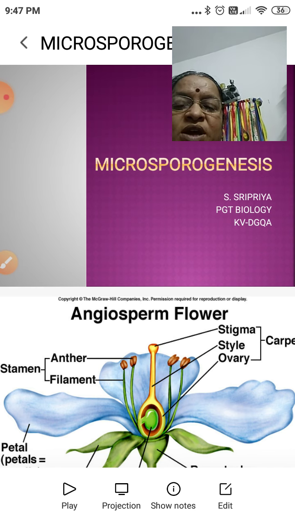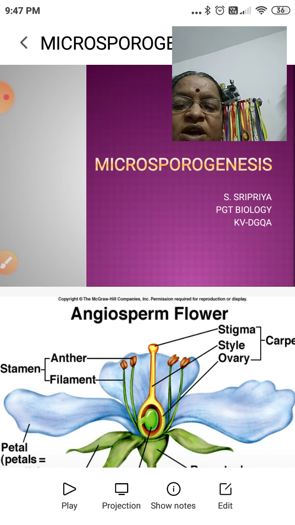A closer structure of this microsporangium gives us the details of the wall, which is made up of many layers, and the sporogenous tissue that is present inside. From the sporogenous tissue, the cells will be producing the pollen grains. So, what are the walls of this microsporangium?